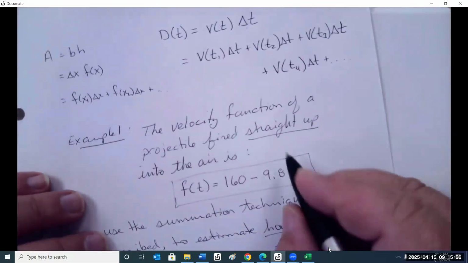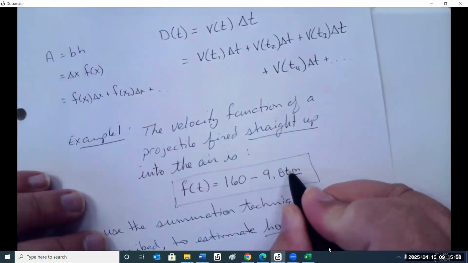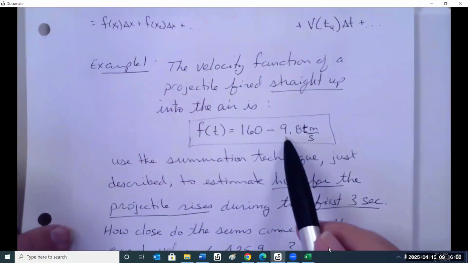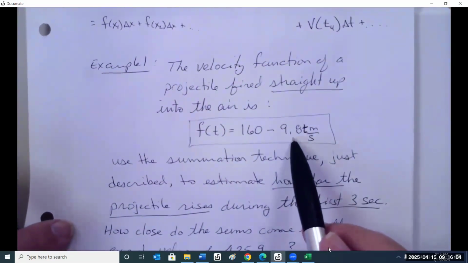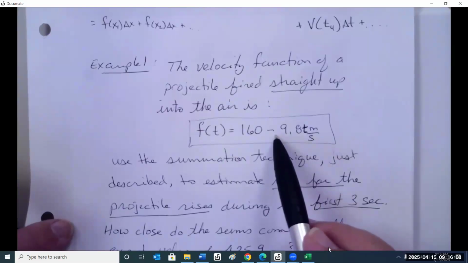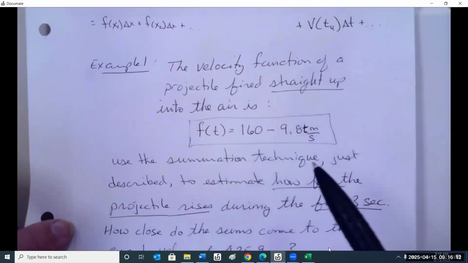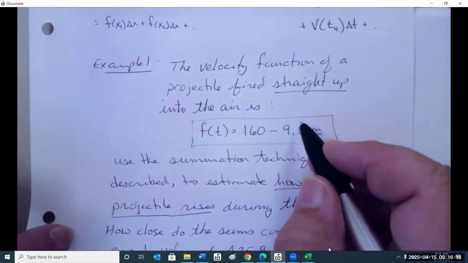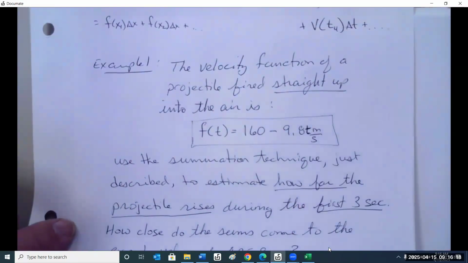Oops, that's what I forgot, t here. 9.8. Okay, here, why do we have 9.8 here? And why is it negative? What makes it go down? What makes it a parabola?